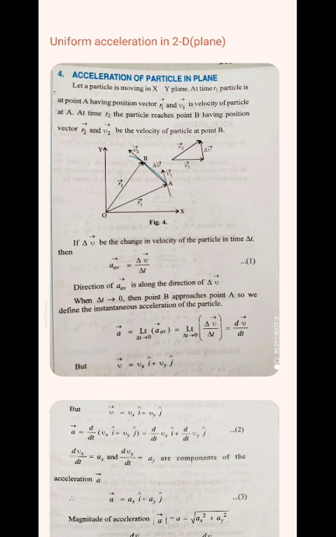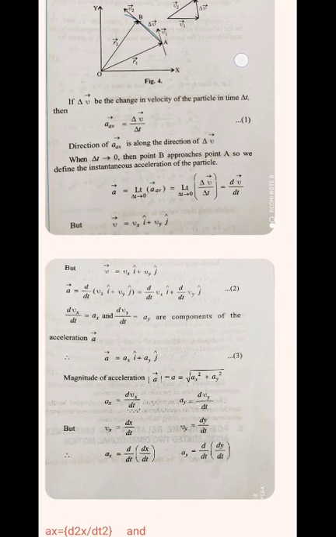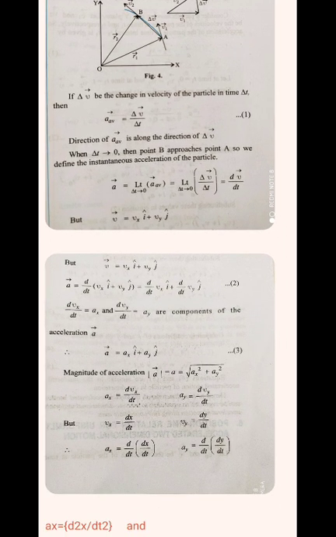Now as delta t approaches 0, we can find the instantaneous acceleration as the limit of the average acceleration, that is, the limit of delta v by delta t as delta t approaches 0, and that is dv by dt. So acceleration is the rate of change of velocity at a point.